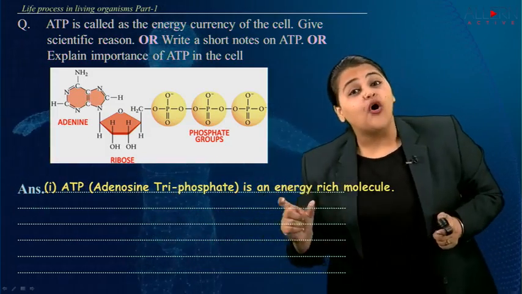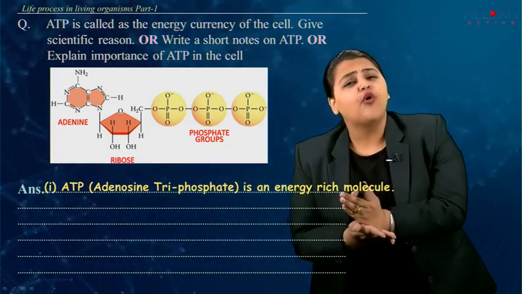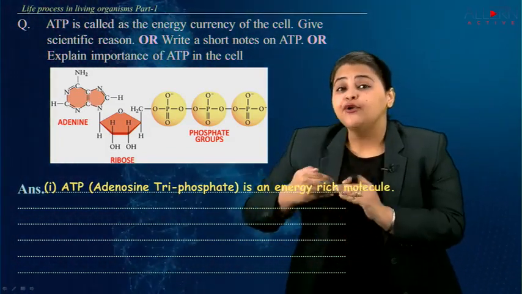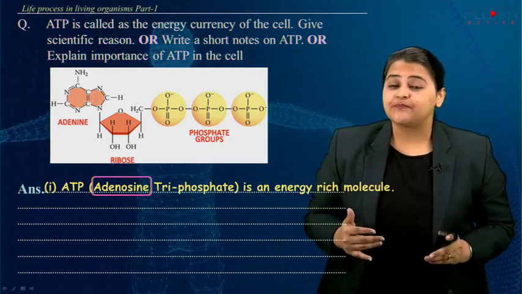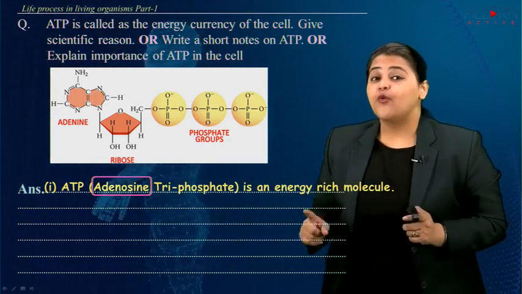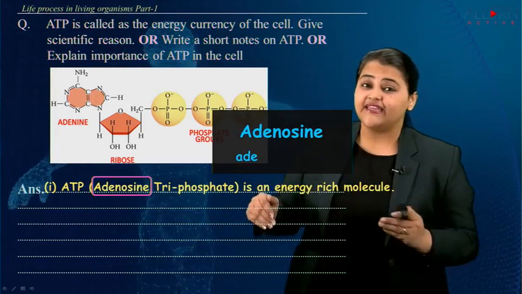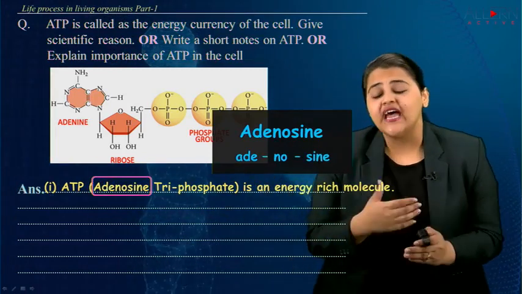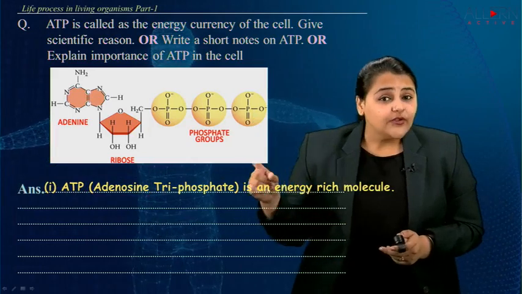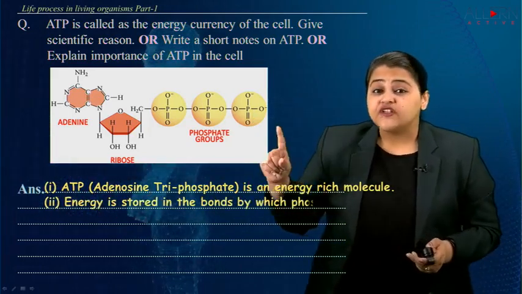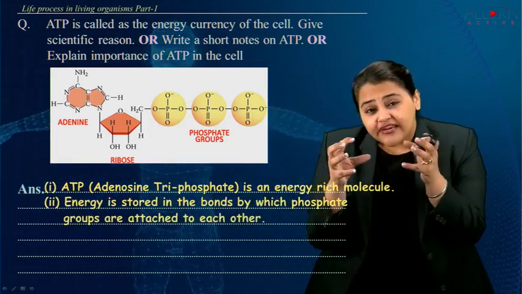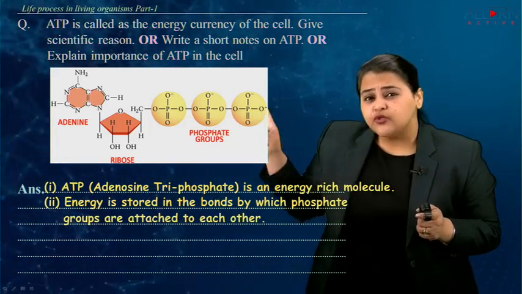And that bond is always broken down in order to produce energy. Well, let's take the word adenosine first, and let's break it down as Ade, no, sine.